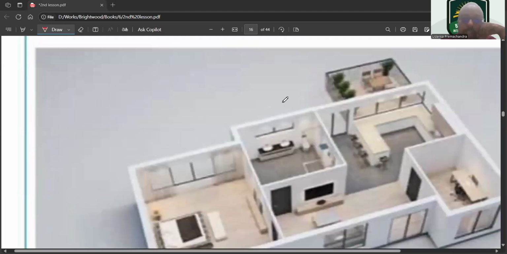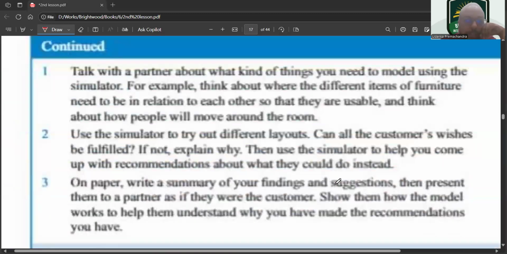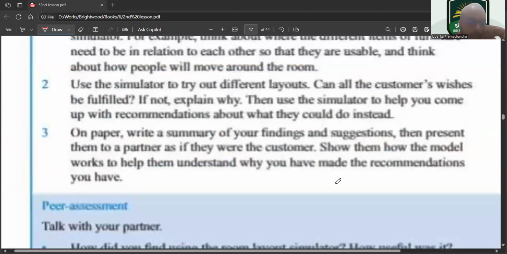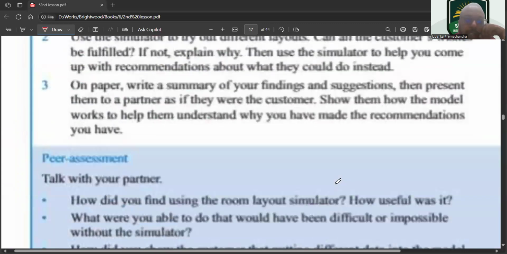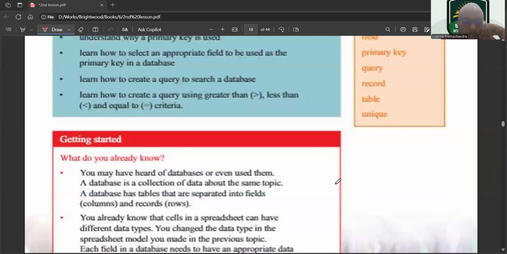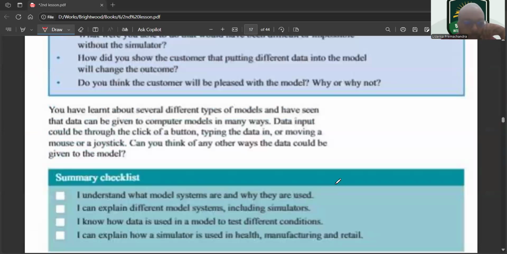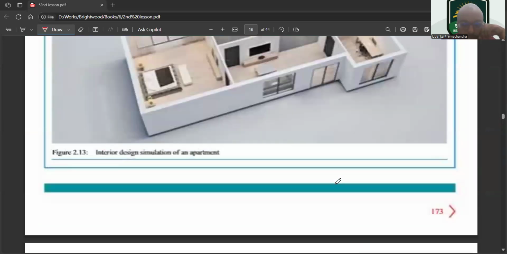They are used in architecture too. Before introducing the real thing, they introduce a model to the customer, called a simulator. That's very important.